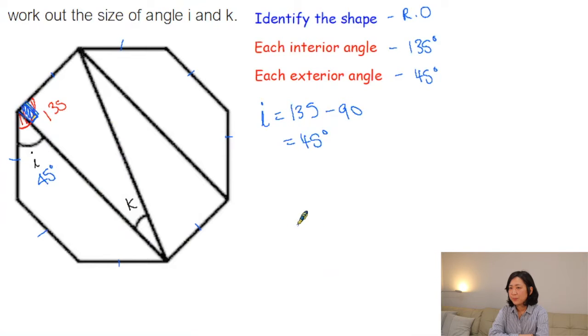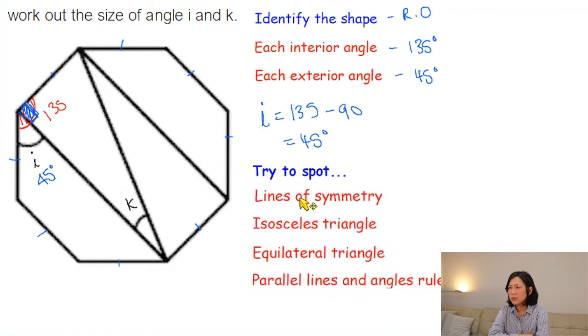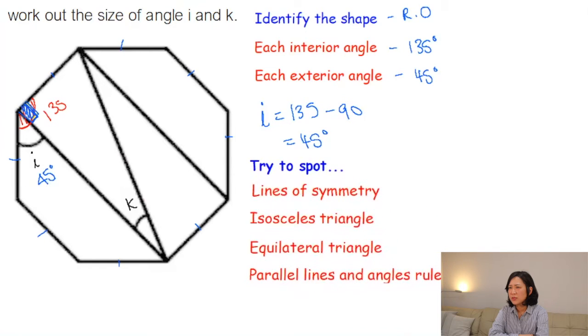How about K? So now try to remember the other things we learned from the lesson. So think about it, lines of symmetry or isosceles triangle. Since it's an octagon, I think lines of symmetry will be useful. So can you see the line in the middle is a line of symmetry, right?